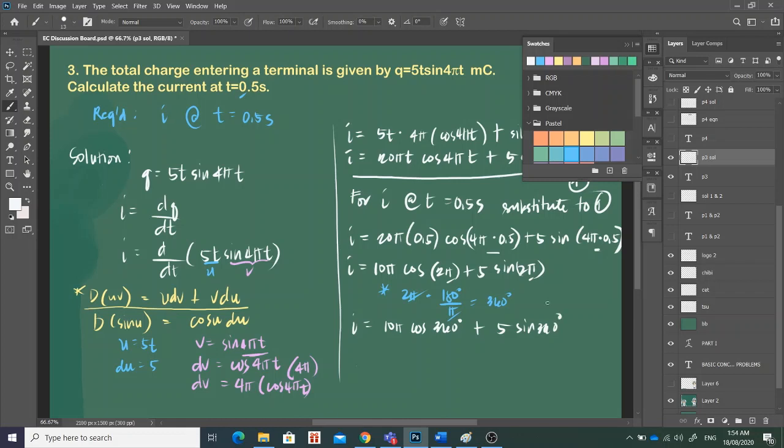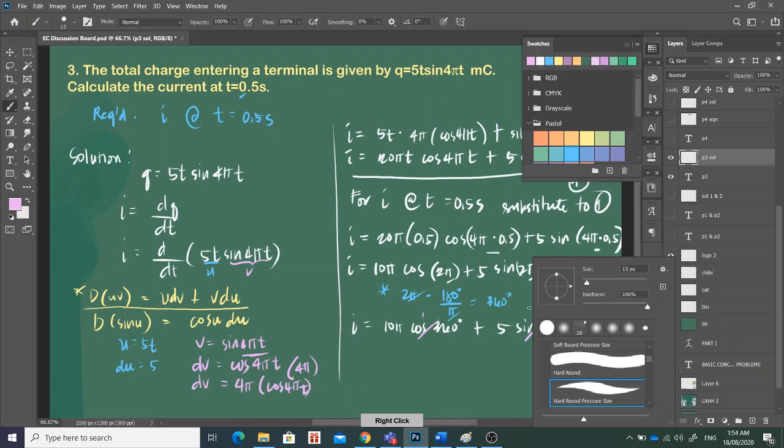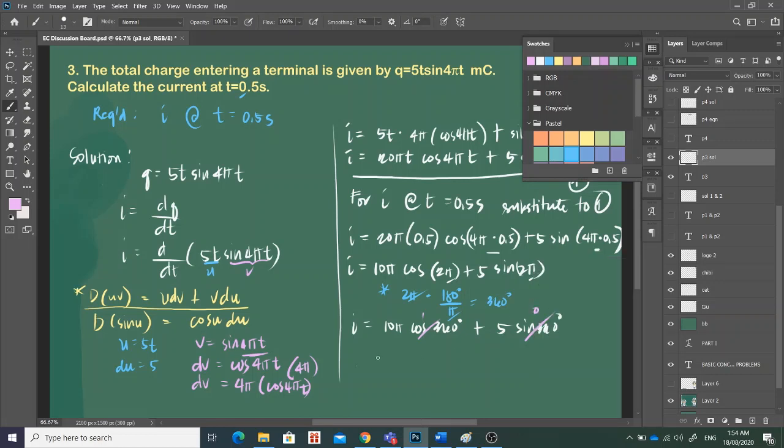So, meron na tayong mga shortcut dyan sa mga yan. Basta tandaan nyo lang na kapag cosine 360, that is 1. Tapos ang sine 360, that is 0. So, I is equal to 10 pi times 1, that is 10 pi, plus 5 times 0, that is 0. So, that is 10 pi.